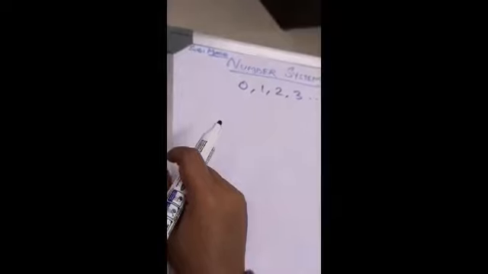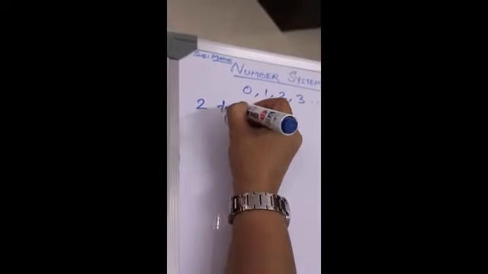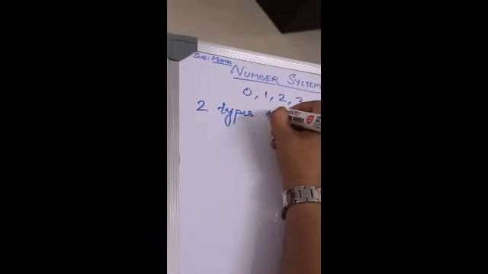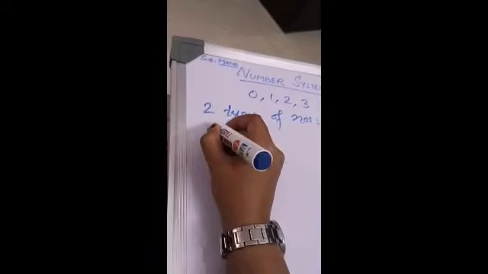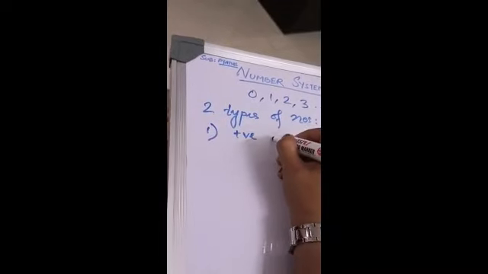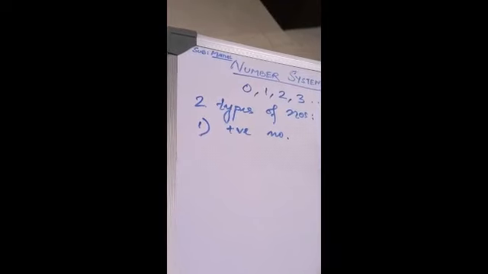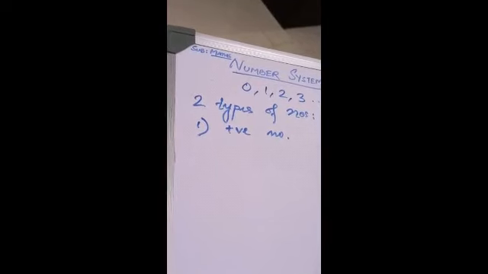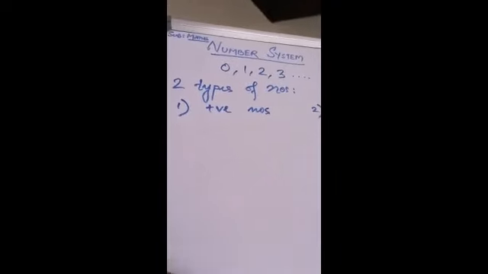But as you grew up, you came to know there are two types of numbers. One, positive number, and the second one is negative number. Okay, positive number and negative number.